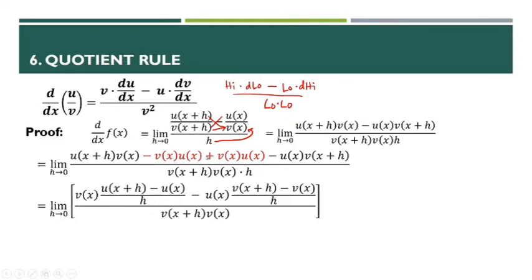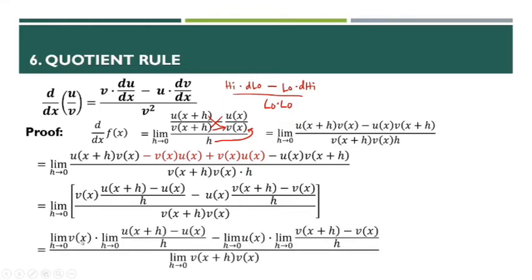So, dito, ang common term is u of x. So, nilabas natin and we make it negative. Para ang matitira sa numerator would be a positive v of x plus h minus v of x, all over h. Okay? And yung h natin dito is i-dedicate na natin doon sa pwede natin kuhanan ng definition ng derivative. All over v of x plus h times v of x.